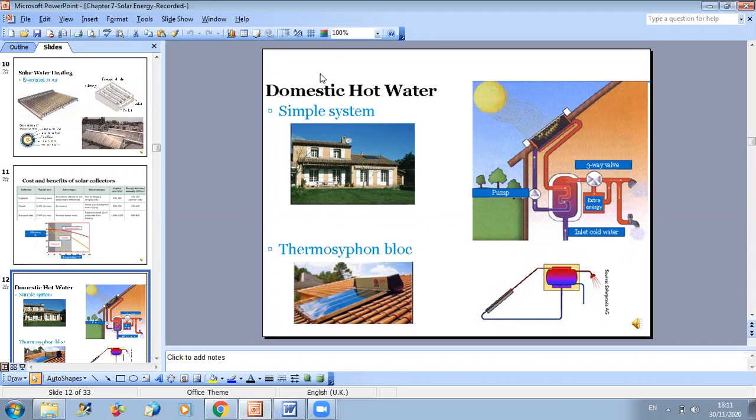So when you have relatively small elevations, a small home without very high heights, not a building of six floors or more, just one or two floors, then you can rely on buoyancy to circulate your fluid. No need for a pump.